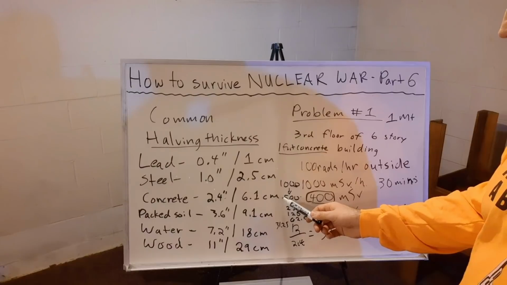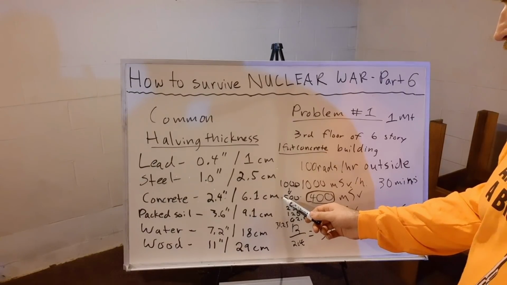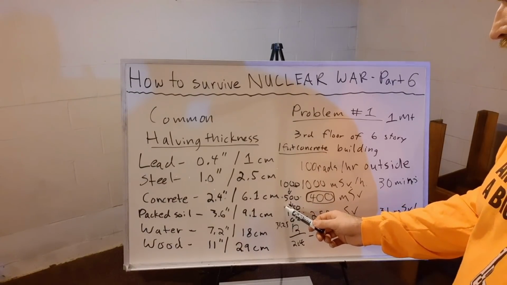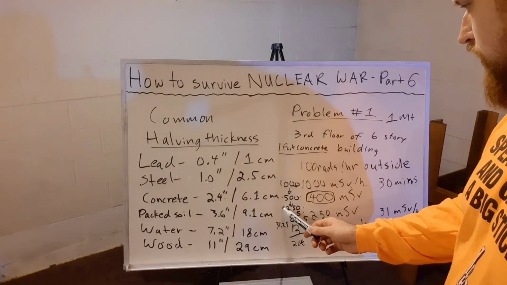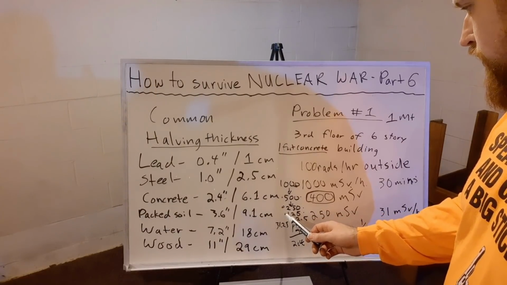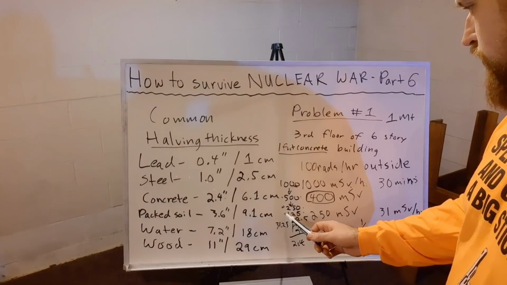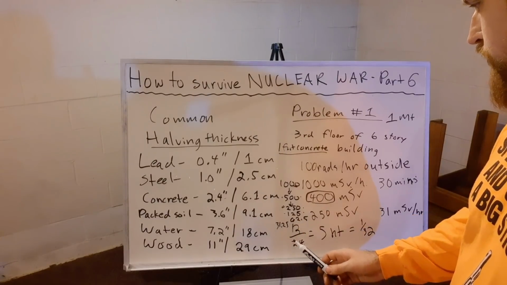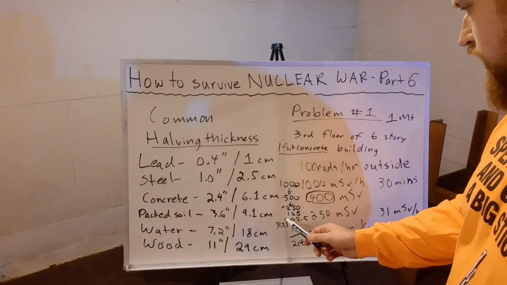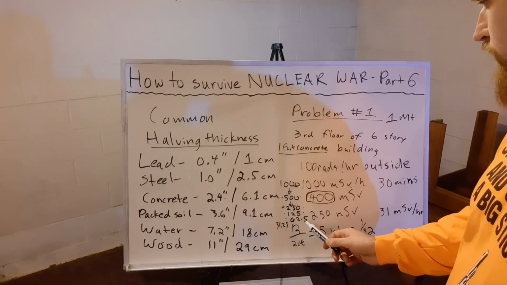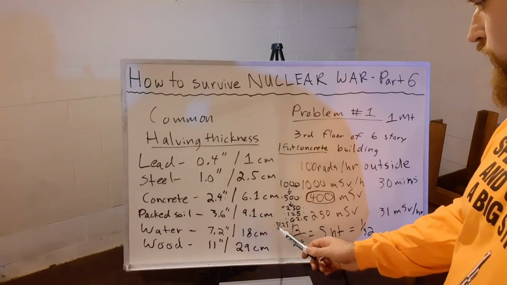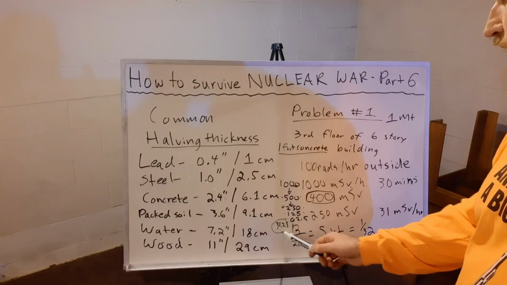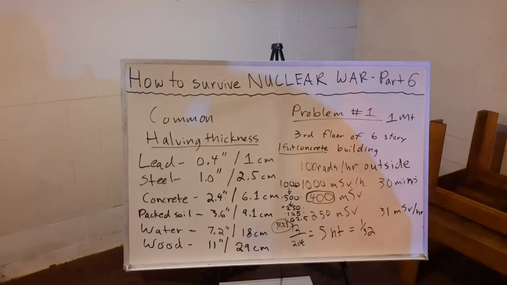The first halving thickness drops it to 500 millisieverts per hour. The second drops it to 250. The third drops it to 125. The fourth drops it to 62.5. And the fifth halving thickness drops it to 31.25 millisieverts per hour.